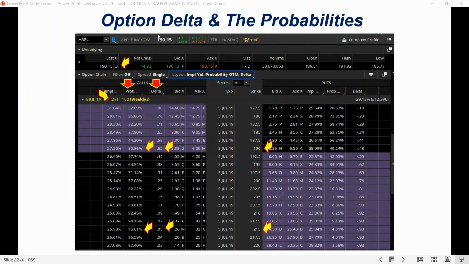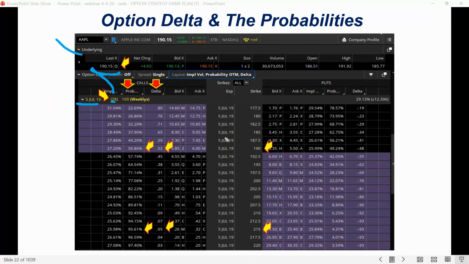So this is a thinkorswim option platform, and here's a reference to the option delta and probabilities. If you look here, this is Apple trading at $190. And if we look at this example, the 5 July series here has 28 days till expiration.